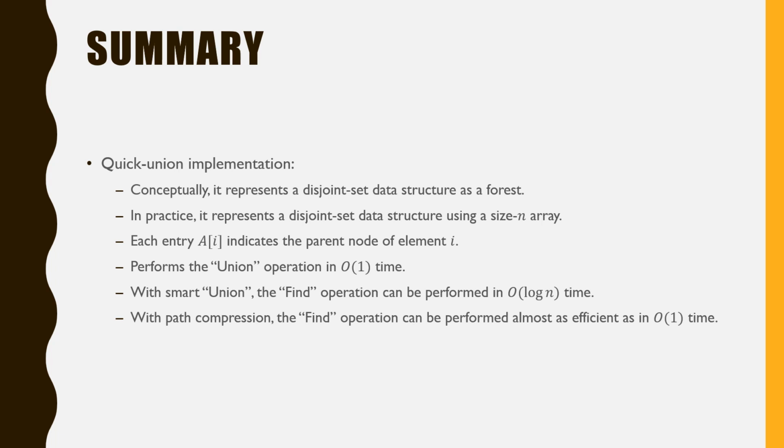Its union operation runs in constant time O(1). With smart union, the find operation runs in O(log n) time. Further, with path compression, the find operation achieves near constant time efficiency in practice.